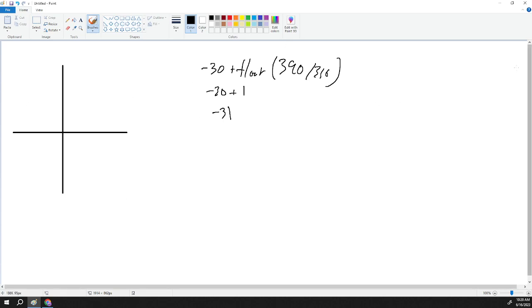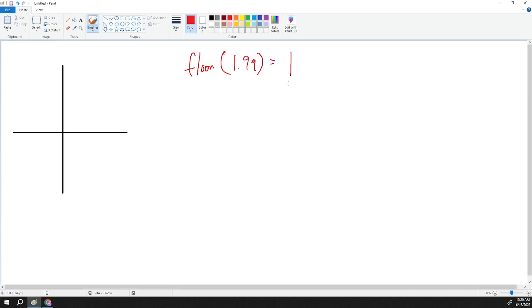Okay. Garcia is really close. Let's break it up. So using floor, remember that floor gives the closest integer, the lowest integer. So if I say floor of 1.99, you still get 1.